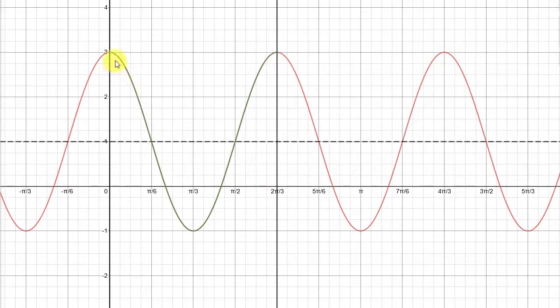So this can be the start and the end of our base unit on a cosine graph.